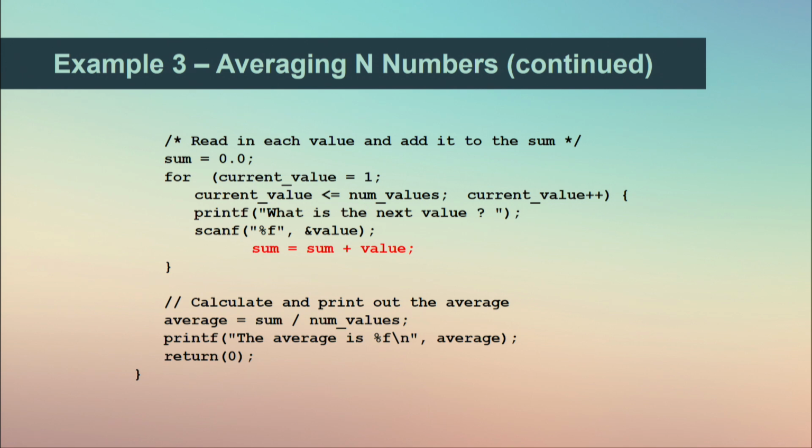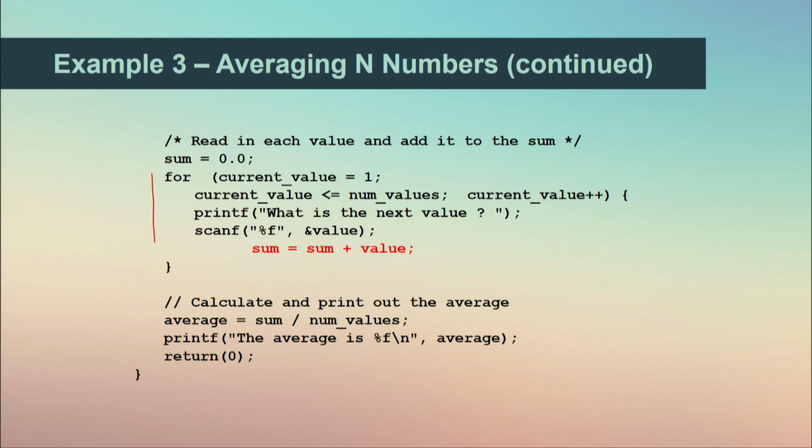Okay. Then as a second step, we need to add the values as we read them from the user. So, this for loop starts with the current value being 1, and we are checking the current value against the number of values, and the current value is incremented by 1 every time.